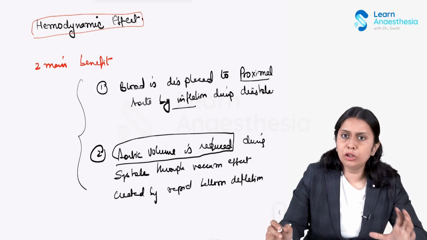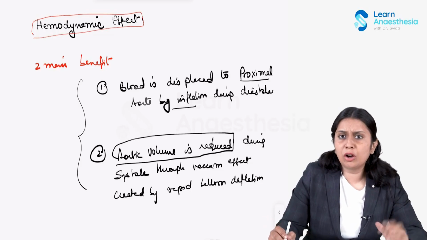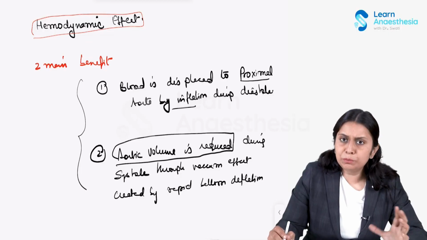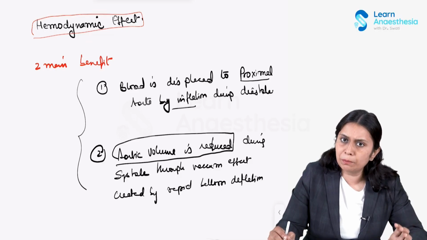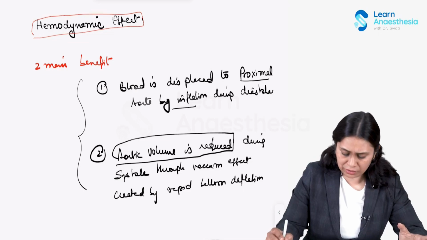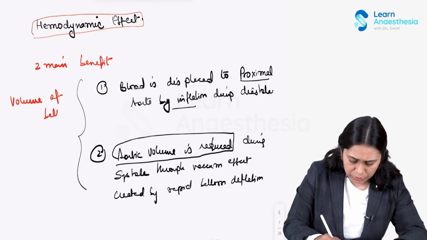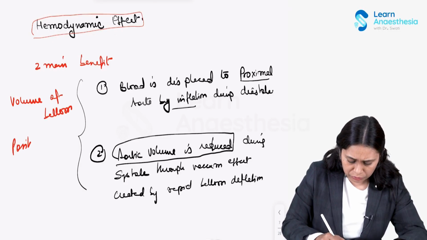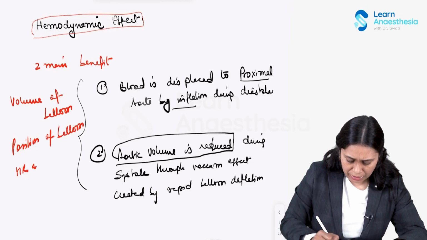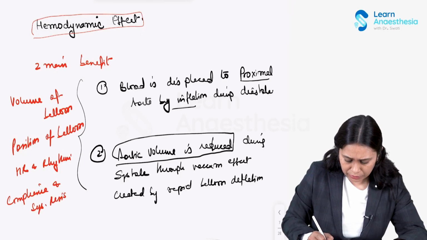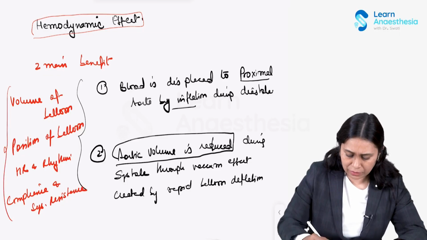It depends upon the volume of the balloon, how much helium gas has been used to inflate it, then the position of the balloon in the aorta, then it also depends upon the heart rate and rhythm of the heart, and the compliance and systemic resistance. So these maximum benefits depend upon the volume of the balloon, position of the balloon in the aorta, heart rate and rhythm, compliance, and systemic resistance.